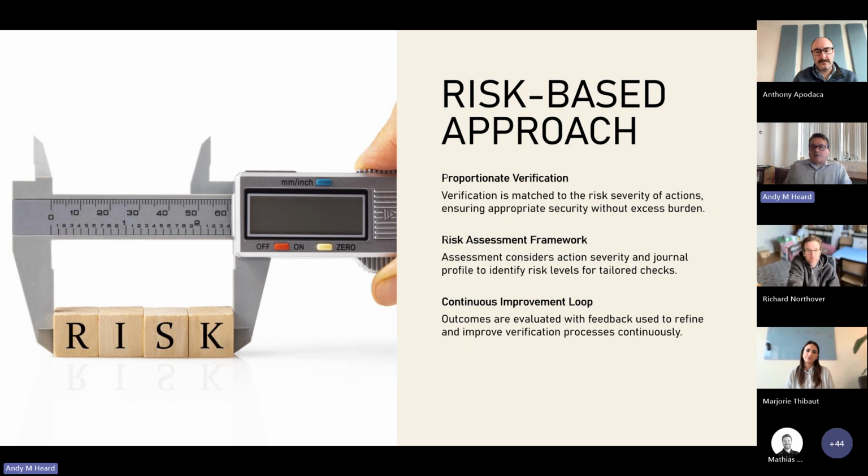The framework involves assessing risk levels based on action severity and journal profile, applying appropriate verification methods, evaluating outcomes, and maintaining a feedback loop for continuous refinement. This prevents one-size-fits-all solutions and allows publishers to tailor verification processes to their specific contexts, balancing security with usability. In fact, within publishers, that risk profile may vary journal to journal.